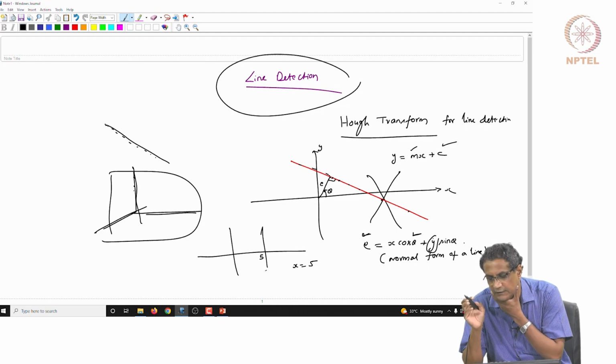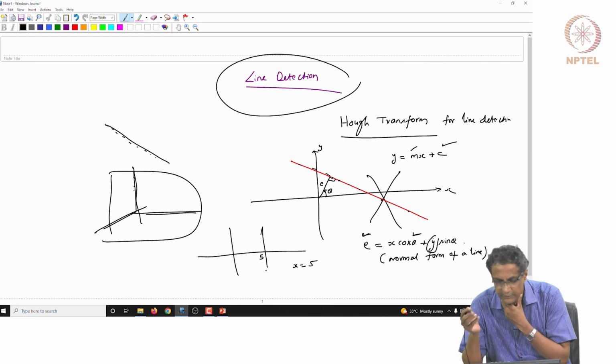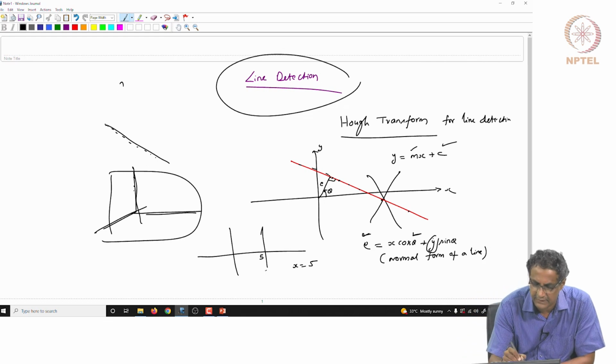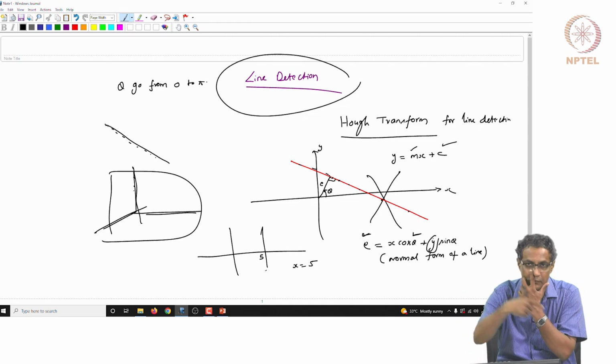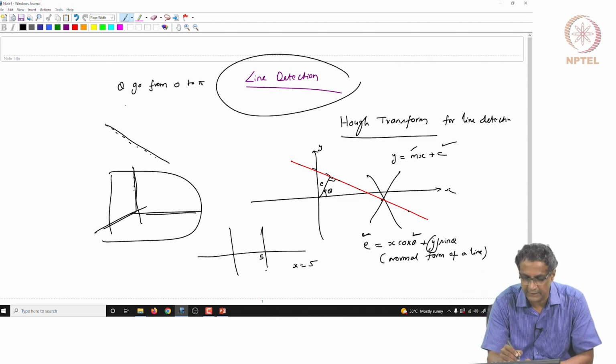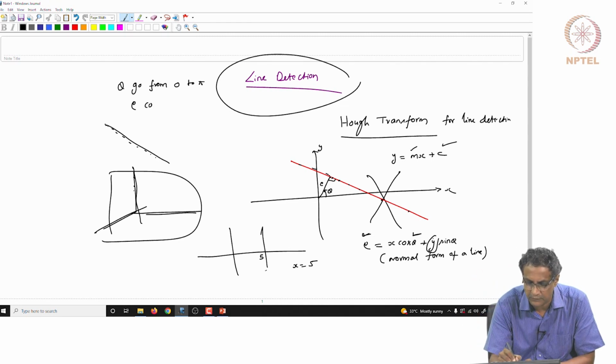Of course, there is a slight variation in the way people do it. Usually the standard form is to let theta go from 0 to pi, and then rho can be both positive as well as negative.